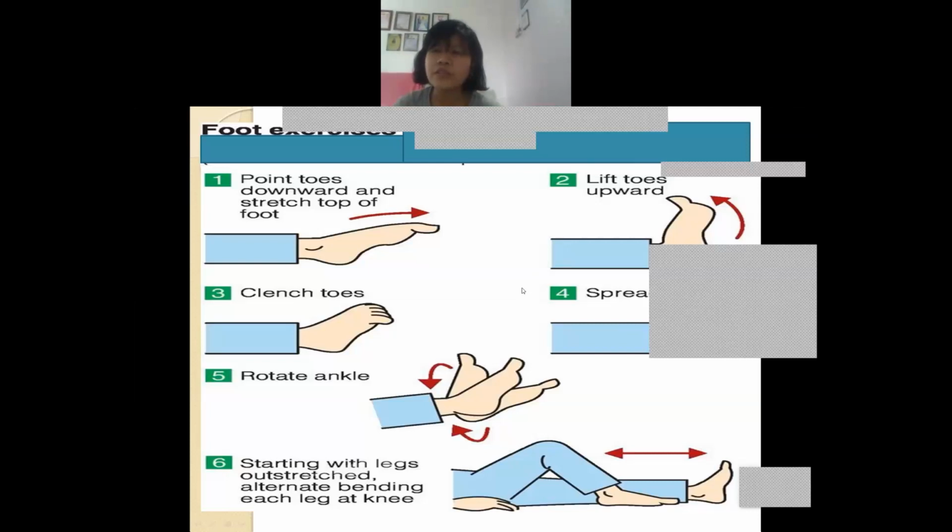Yes, ma'am. Anything else? What will a person avoid? Smoking and drinking alcohol. Okay then, very good. I hope every one of you has understood DVT. I hope it's clear. That's it for today's class.